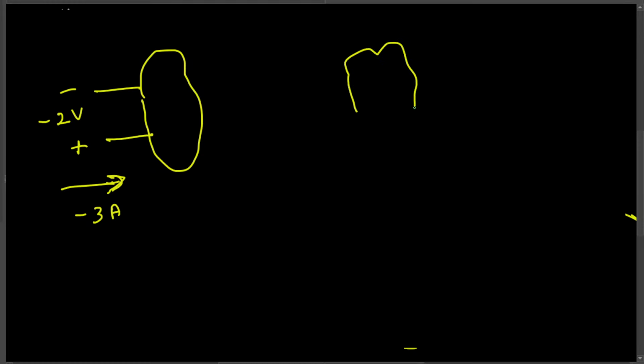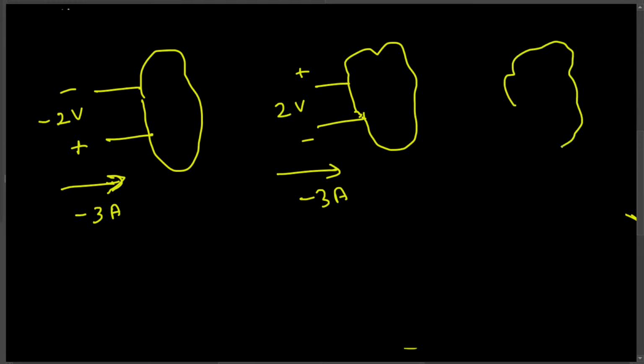So if we do that, this is going to be plus here and then minus here, and this one is going to be positive 2 voltage, but we still have the negative current, negative 3 ampere. Now to make this negative current into positive, we can write it in the opposite direction. So if I redraw this with plus minus here and 2 voltage, and redraw this current in the opposite direction, this is going to be a positive current.